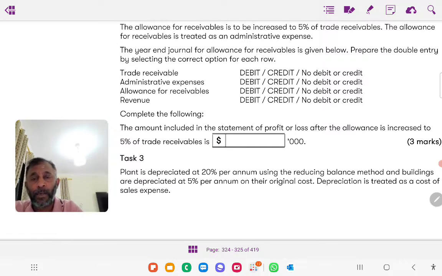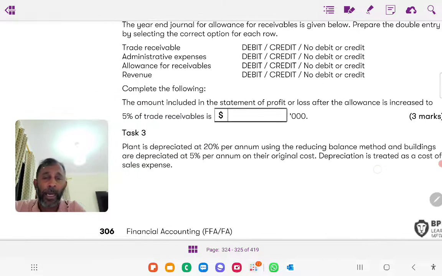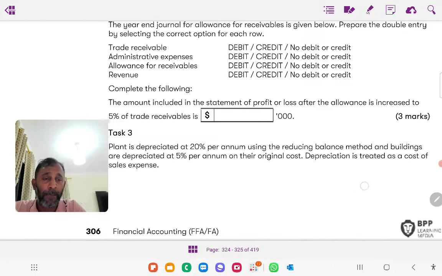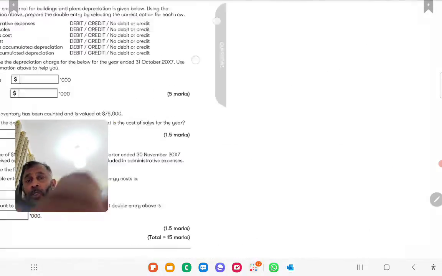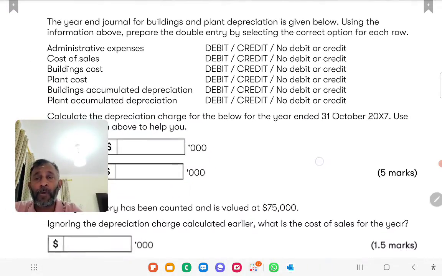Then task 3. Plant is depreciated at 20% per annum using the reducing balance method, and buildings are depreciated at 5% per annum on their original cost. Depreciation is treated as a cost of sales expense. The year-end journal for buildings and plant depreciation is given below.